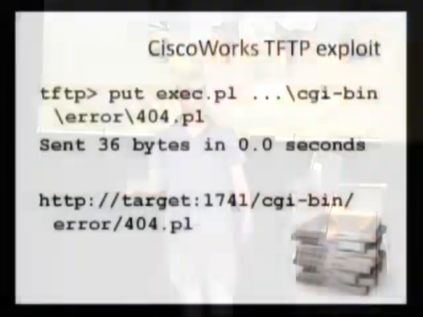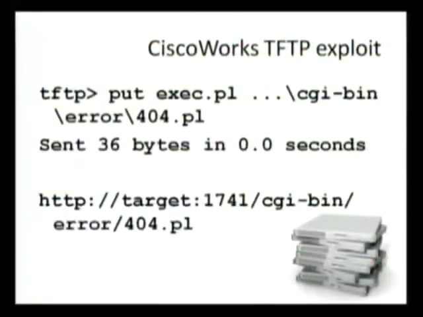Sometimes you have to go to a bit more trouble, but there's always some little thing. For example, Cisco announced a couple of months back now, I think, that there was a directory traversal in one of their TFTP servers, the one that comes with CiscoWorks. And I decided to take a look at this, how hard or how easy is it to trigger this bug. And it turns out to be pretty easy.